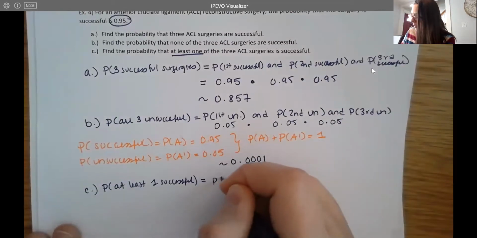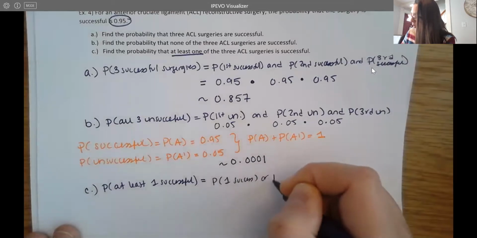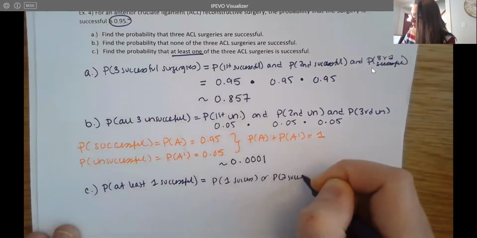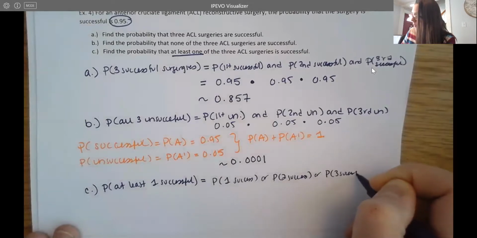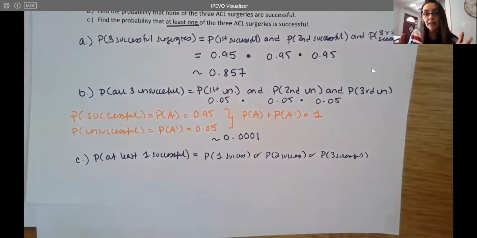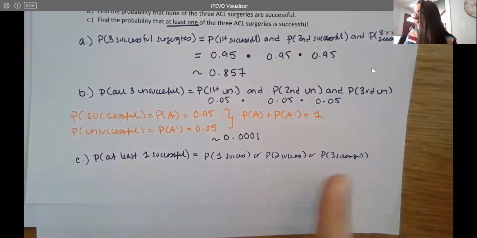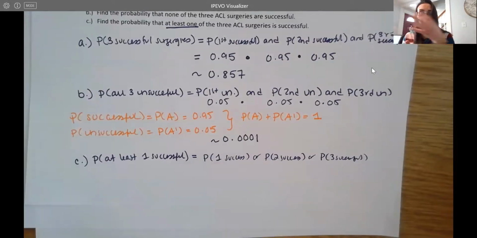That means the probability that you have 1 successful or 2 successful or all 3 successful. So it gets quite complicated, right? It's at least 1. So you could have 1 being successful, 2 or 3. So these are 3 different probabilities we'd have to figure out. And it's different because for one being successful, it could be the first one, the second one, the third one.